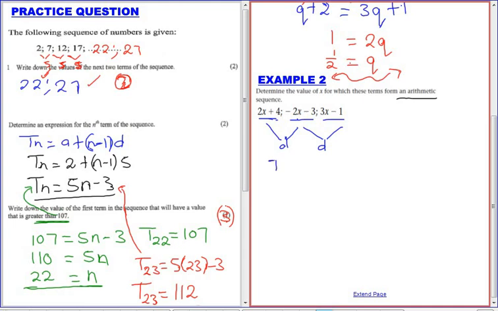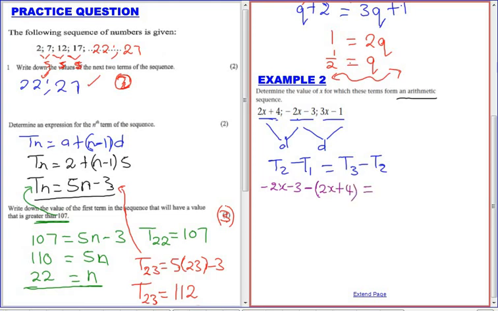Remember I said you say T2 minus T1, that's how we get this first difference, and then that second difference we did by saying T3 minus T2. So if I make my substitutions, T2 is, let's make sure to copy it correctly, minus 2x minus 3. That's T2. Minus T1, look how I put it inside the brackets.